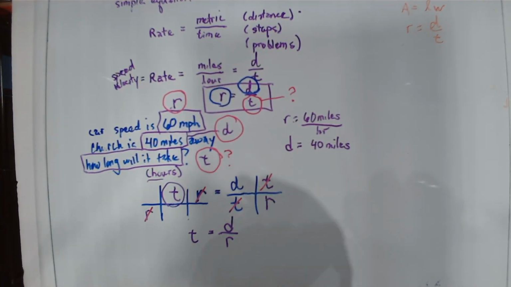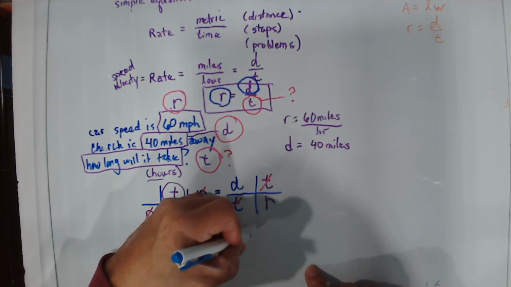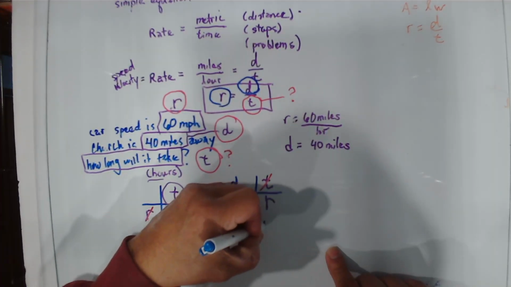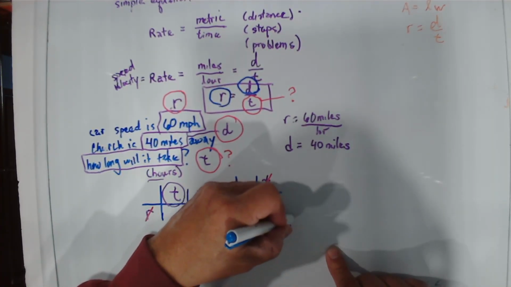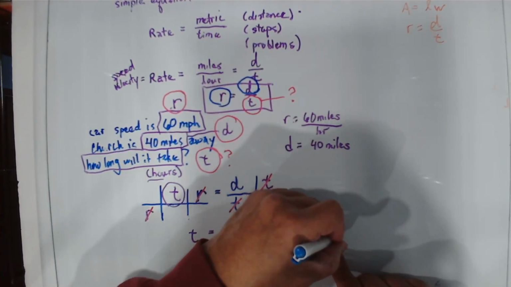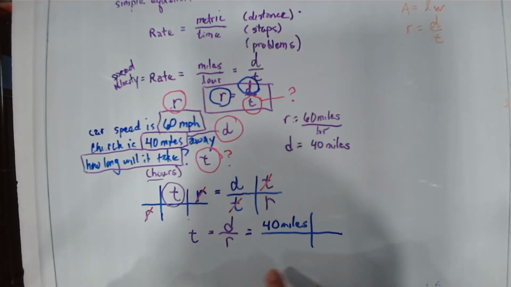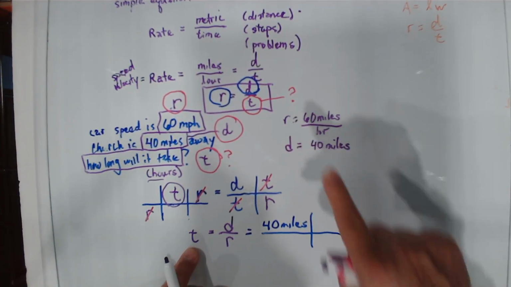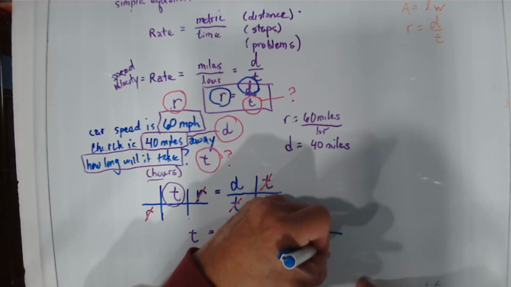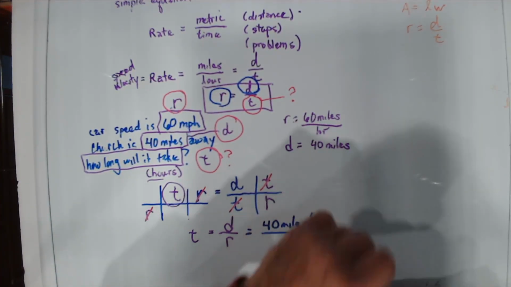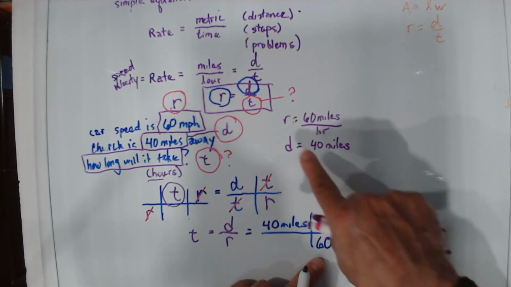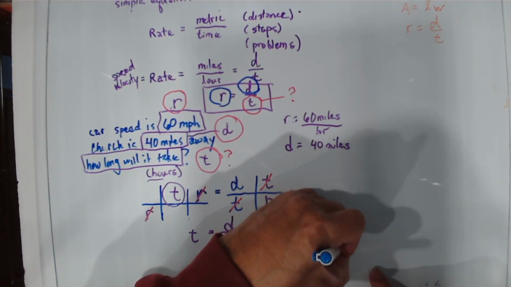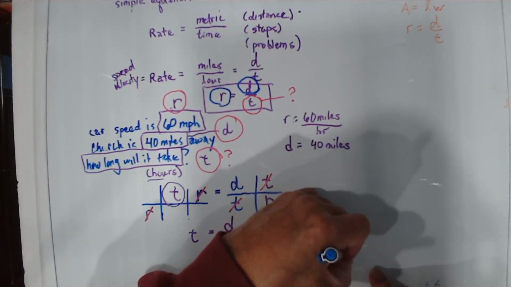Now let's plug in the values that we know. So D is equal to, what is our D? Oh, there it is, 40 miles, divided by the rate. What is our rate? Well, here it is. Our rate is 60. So I'm going to put 60 here. Okay, what are our units for rate? We can't forget that it's miles per hour.